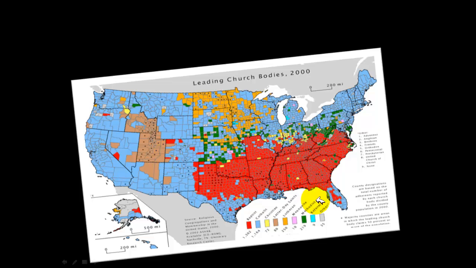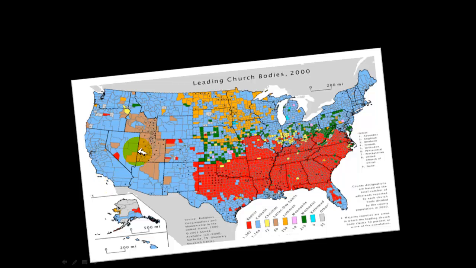In the Bible Belt, which we referred to earlier, you'll see that it's red. If you're a football fan, pretty much every school in the Southeastern Conference is represented where the Baptists are the leading church bodies in these areas.